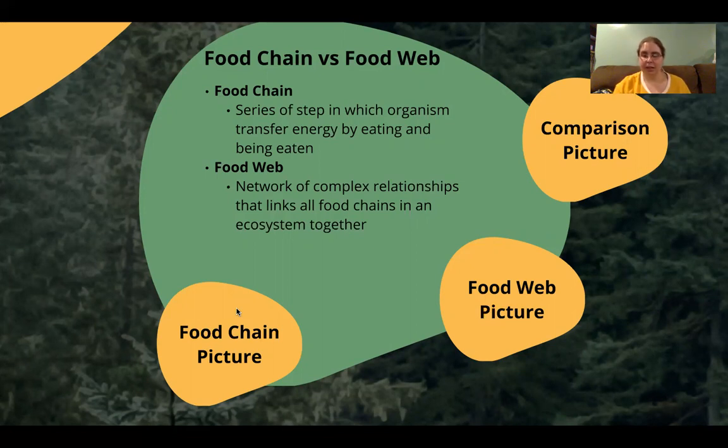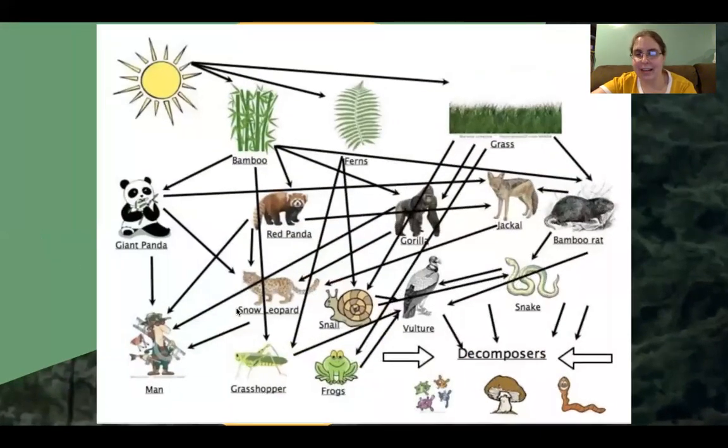So pretty much what we're looking at is interconnected food chains. So it's looking at all the possible food chains and how they interconnect and overlap within an ecosystem. Like this. Obviously, this is pretty intense, isn't it?